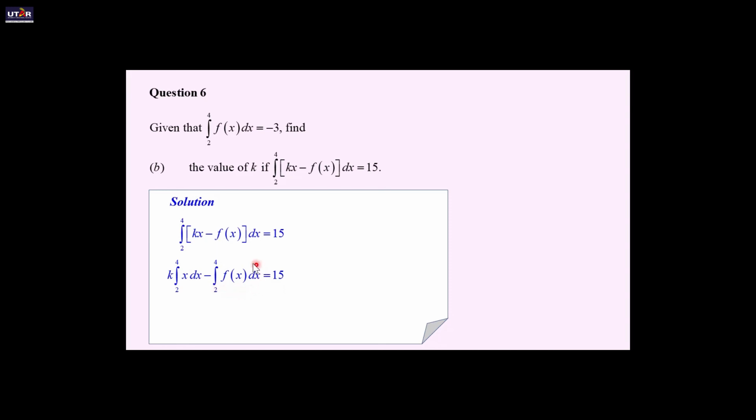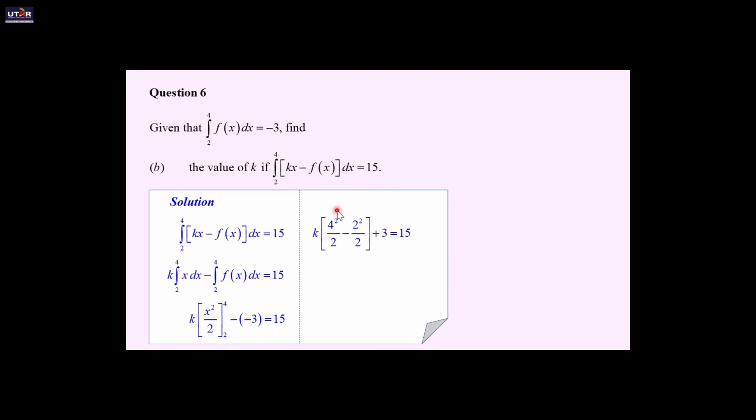We already obtained this value from the question, which is negative 3. So from here we can replace it with negative of negative 3. Integrating x with respect to x will give you x squared over 2, and we evaluate this definite integral from 2 to 4.